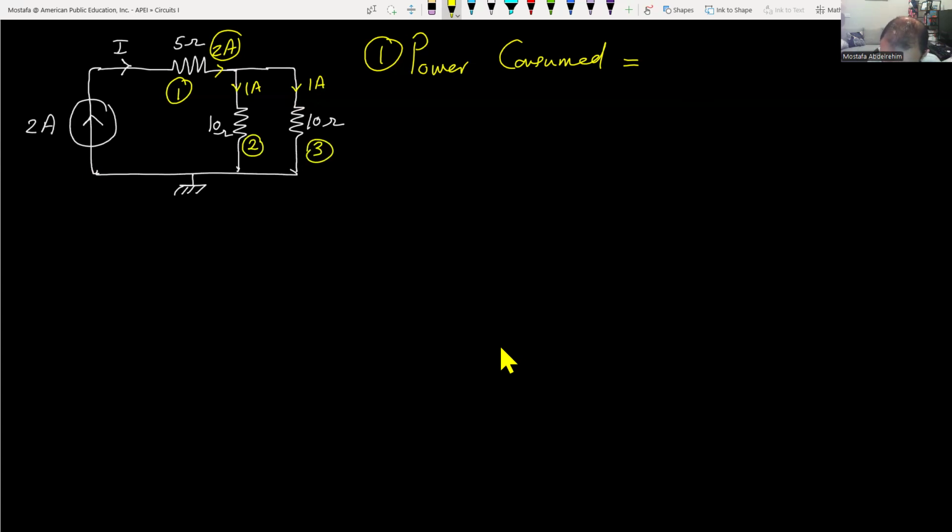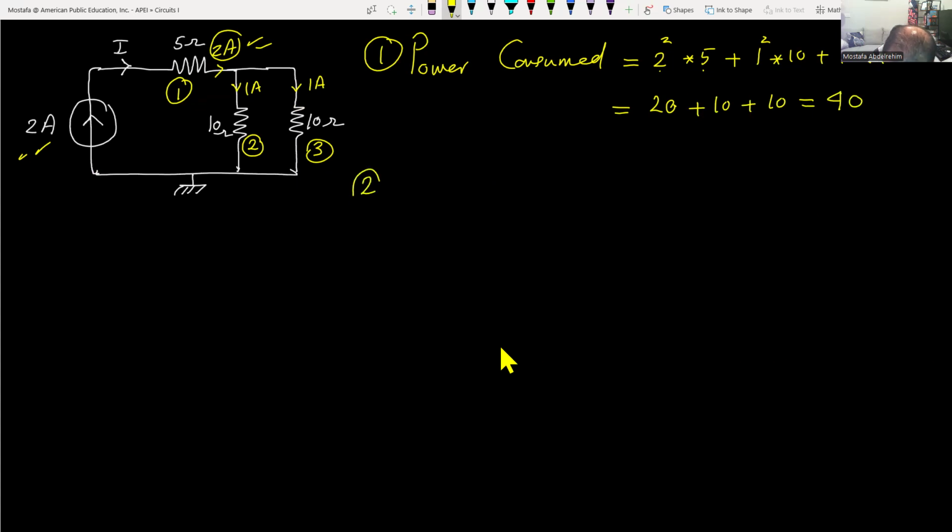For the 5 ohm, you have a current of 2 amperes, so 2 squared multiplied by 5, plus 1 ampere, 1 squared multiplied by 10, plus 1 squared multiplied by 10. So this is basically 4 multiplied by 5, which is 20, plus 10 plus 10 equal to 40.